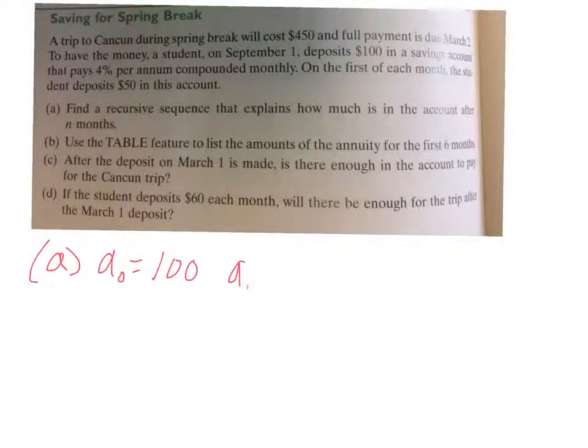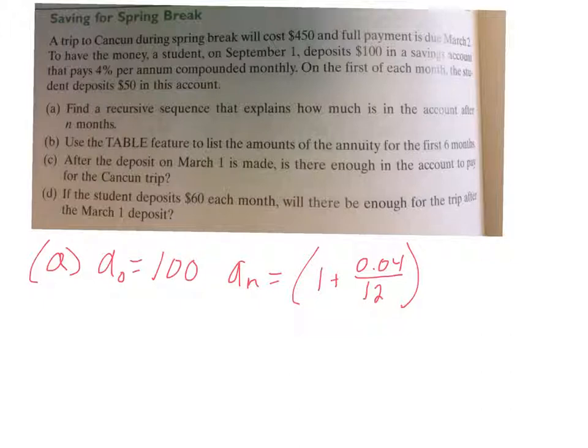And then A sub n is going to be equal to 1 plus our interest rate, which is 0.04 in decimal format, divided by 12, because it's compounded monthly. I'm sorry, I said you were going to get 1% every compounding period, but it's actually going to be 1/12 of 4% every compounding period.